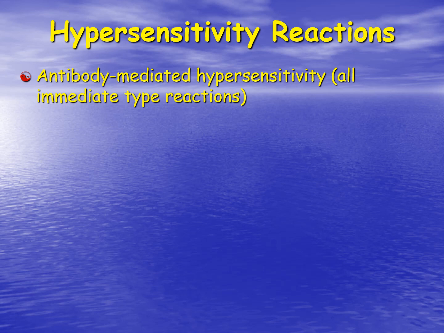In other words, the clinical signs, which are primarily signs of inflammation, will appear within a short period of time after exposure to the antigen. Type 1 hypersensitivity reactions primarily includes allergy conditions and anaphylaxis, and we'll talk about each one of these in turn.